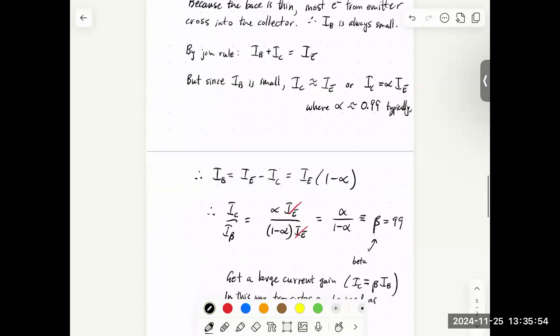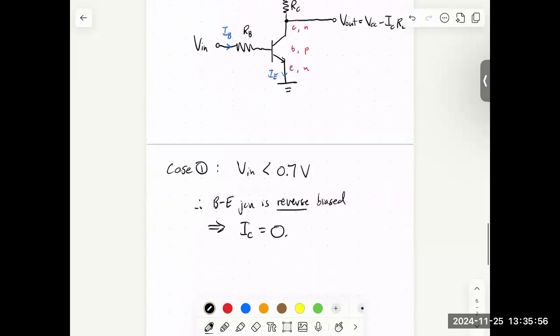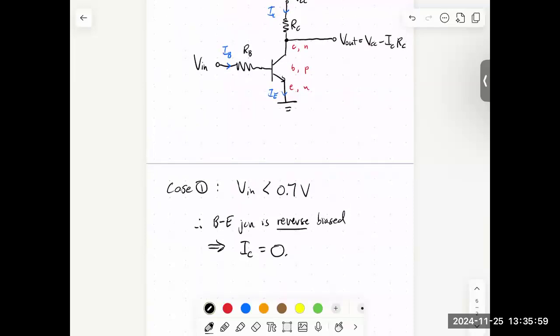But if the collector current is 0, and we said V out is VCC minus IC RC, this is 0, and so V out is just VCC. Therefore V out is just equal to whatever that voltage is near the collector. All right, so that's case 1.